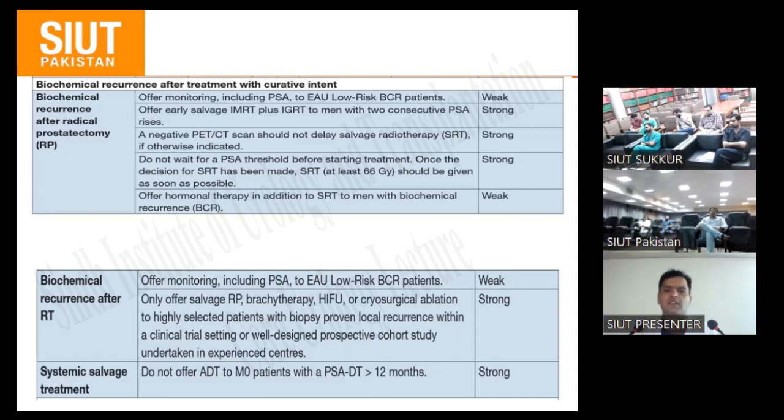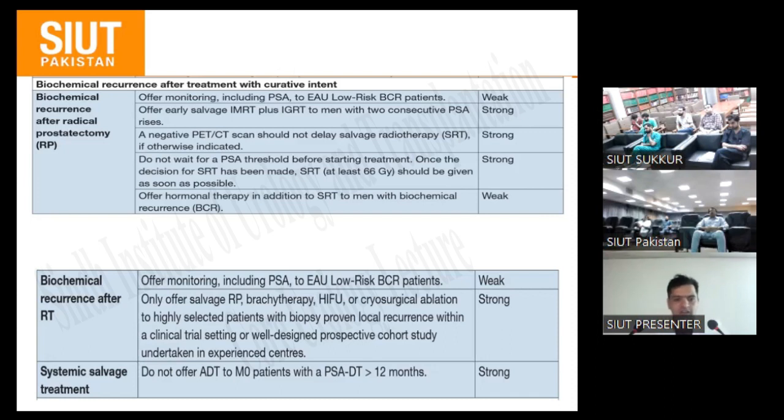A negative PET CT scan should not delay salvage radiotherapy if otherwise indicated, strong strength. Do not wait for a PSA threshold before starting treatment once the decision for salvage radiotherapy has been made. It should be given as soon as possible, strong strength. Offer hormonal therapy in addition to salvage radiation therapy to men with biochemical recurrence, weak strength.